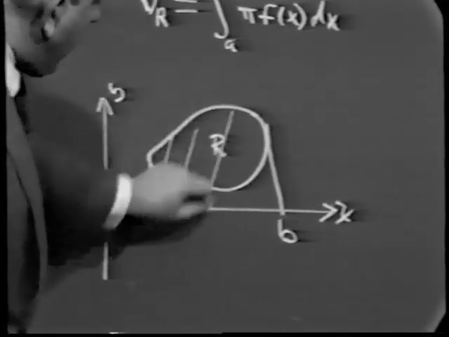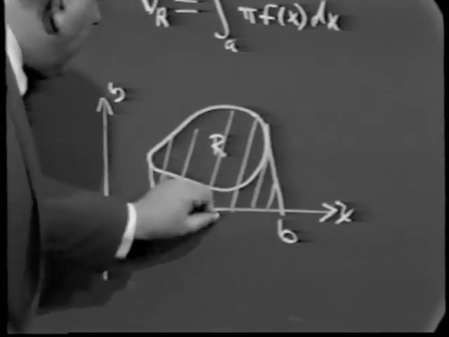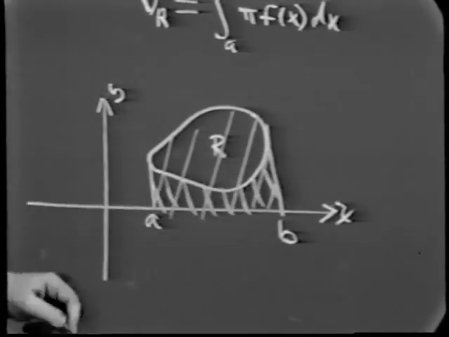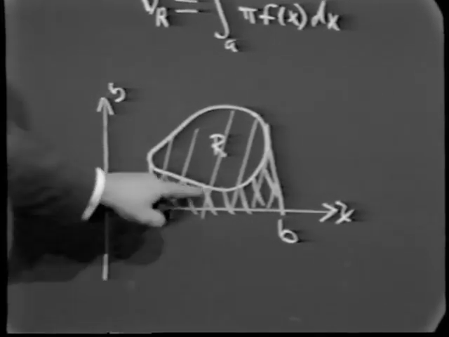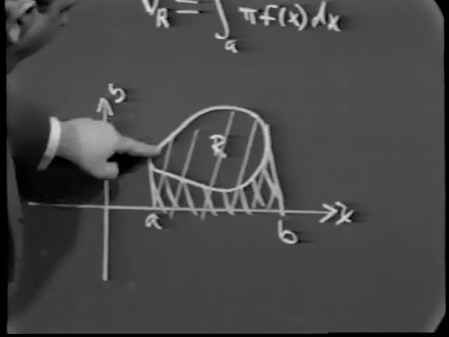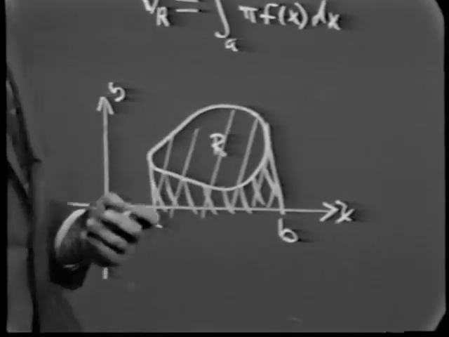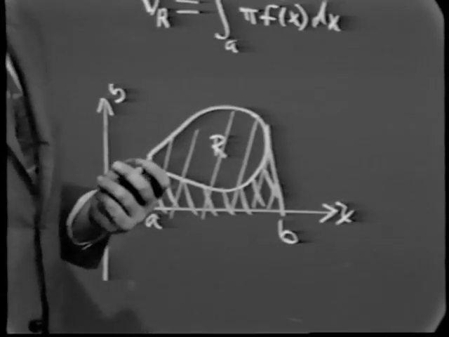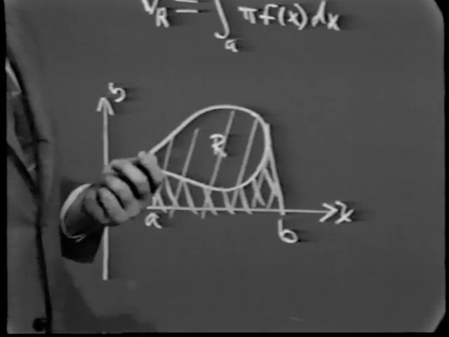Namely, we can find this volume and subtract from that volume this volume. In other words, both of these have the right form. And by this difference, the big volume minus the small volume, what's left is the volume generated by R.